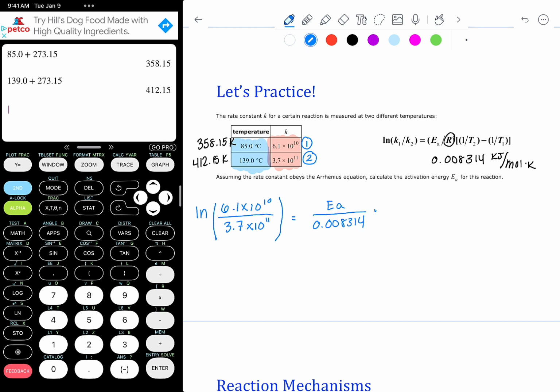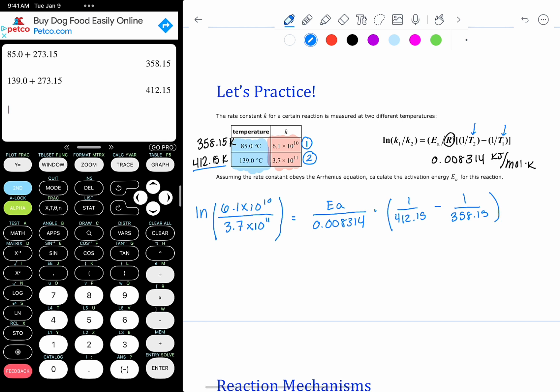And we're going to multiply that by the difference in the temperatures. Now, oftentimes I see students plugging in the wrong values for T1 and T2. So just make sure you're plugging in the correct value in the correct space, because that is going to affect the value itself. So we have 1 over T2, so T2 comes first, that's 412.15, minus 1 over T1, which is 358.15.